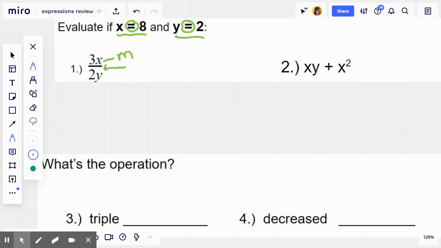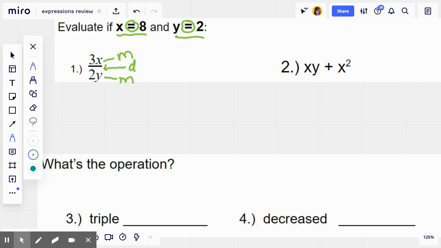What does this want us to do? That bar wants us to divide. And finally, we see another example of multiplication here when the 2 and the y are snuggling up. And so we're going to have some multiplication and division in this problem. All right, let's go ahead and get started.